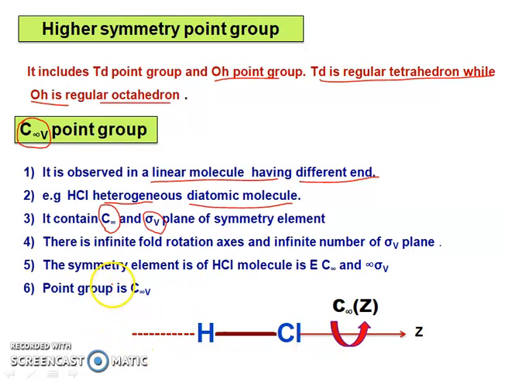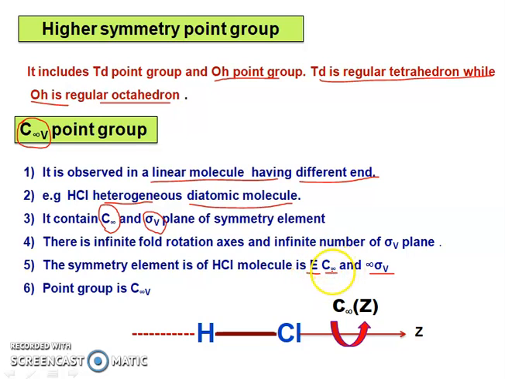Next point, hence the symmetry elements of the HCl molecule are capital E, C infinity and an infinite number of sigma vertical planes. So the total number of element types present in this hydrogen chloride molecule is 3. E means identity. Remember, identity is present in every molecule. So this is identity.